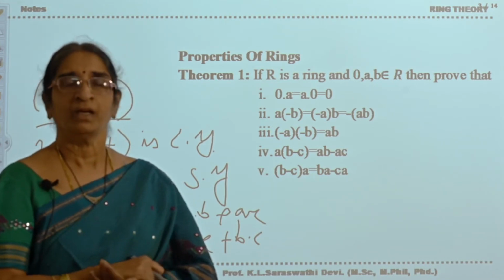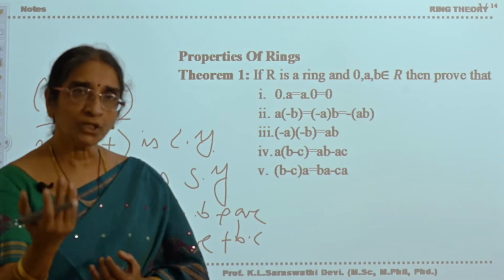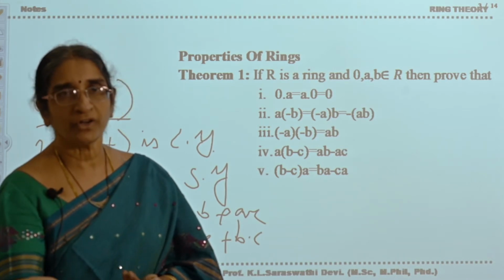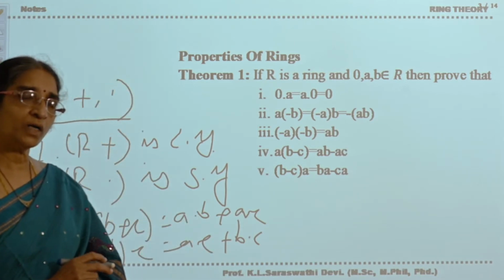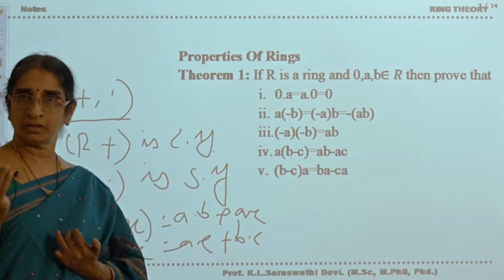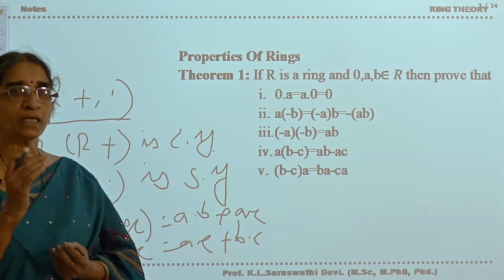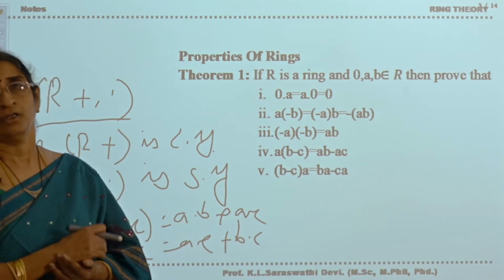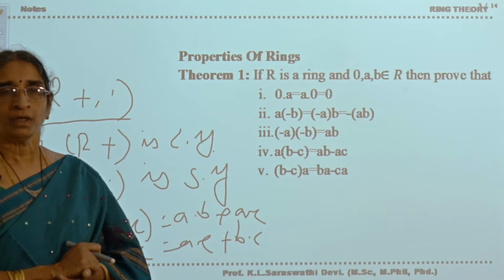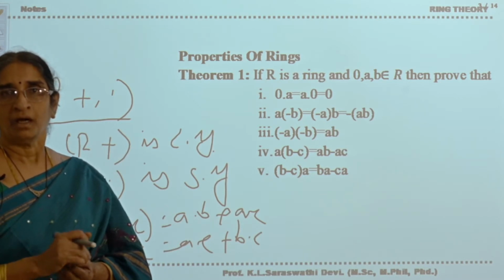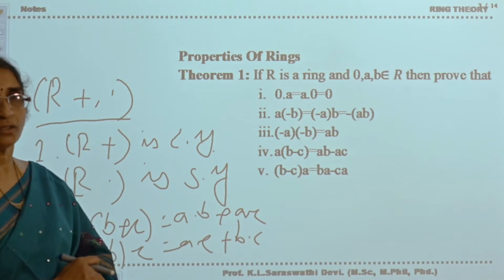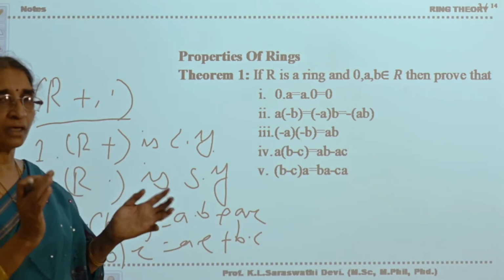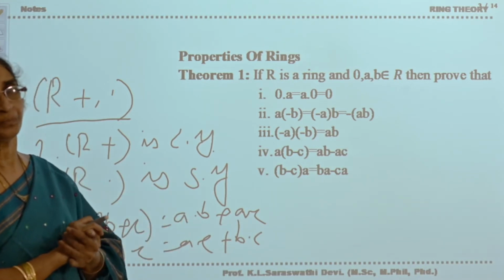If the ring has no zero divisors, then it is an integral domain. Then we gave the field definition, and also skew field or division ring. These are the things we covered in the first video.